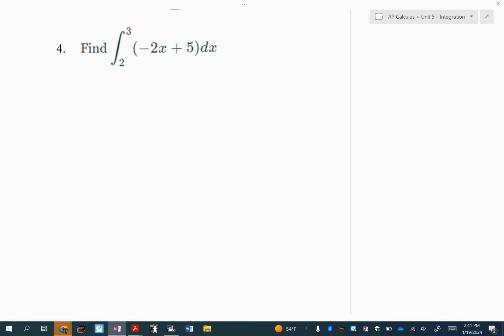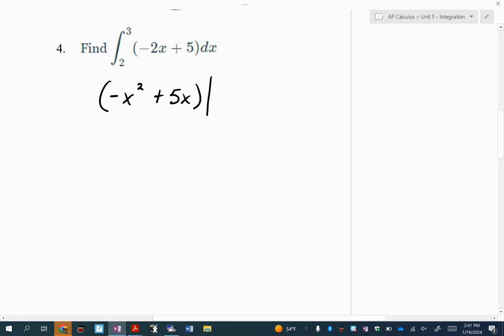So I'm going to do the antiderivative of negative 2x. So I'm going to write x squared. Okay, and what has to go in front? A negative sign, right? Because 2 times this negative 1 gives me negative 2. Remember, if you're ever like, I wonder if this is right, always take the derivative and see if it matches. Plus 5x.